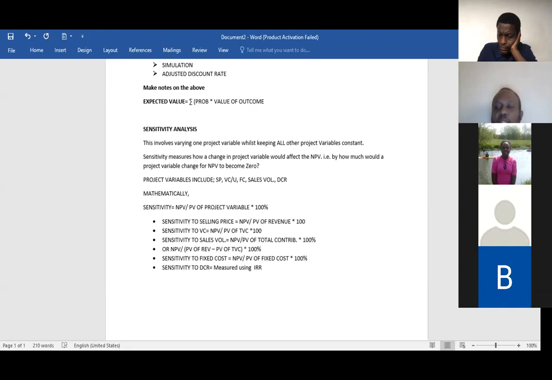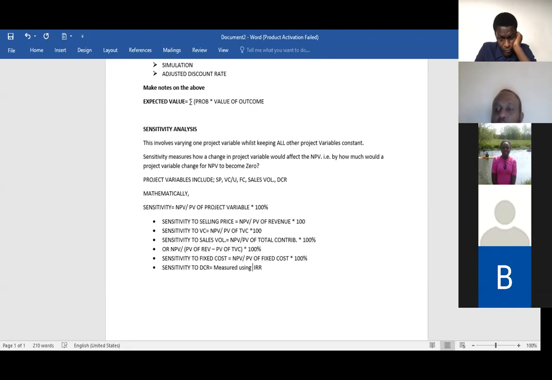I'll explain this very soon. If the discount rate changes to the IRR, NPV will become 0. IRR is the discount rate at which NPV is 0.